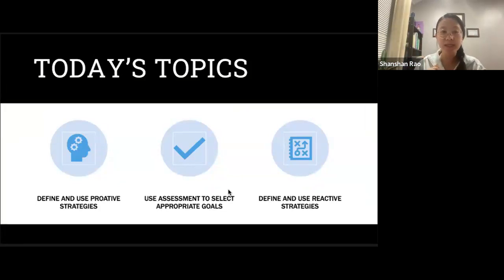The first one is for us to define and use the proactive strategies. We want to prevent problem behaviors from happening, or we want to get instructional control. When we're talking about the proactive behavior, we're also going to talk about assessment and using some appropriate assessment to select goals for our students.